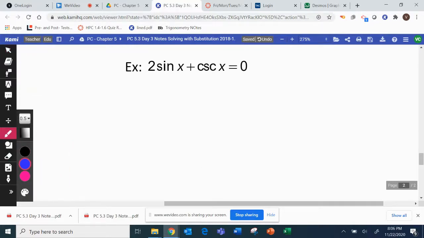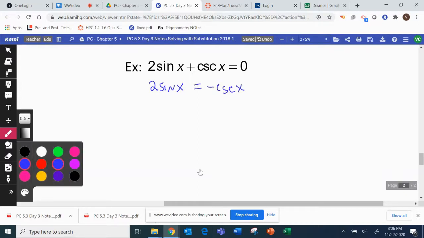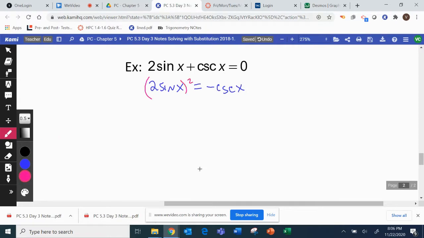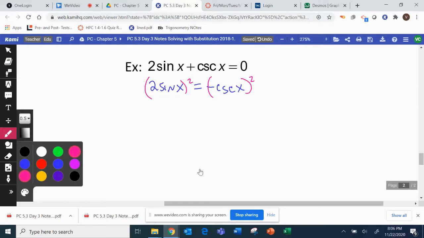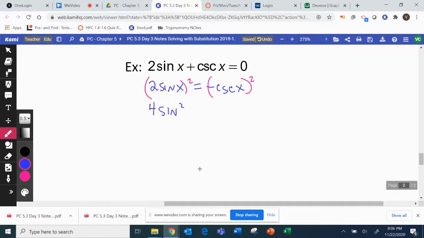Let's see if I do 2 sine x equals negative cosecant x. So if I square both sides, what will that do for me? 4 sine squared x equals cosecant squared x.